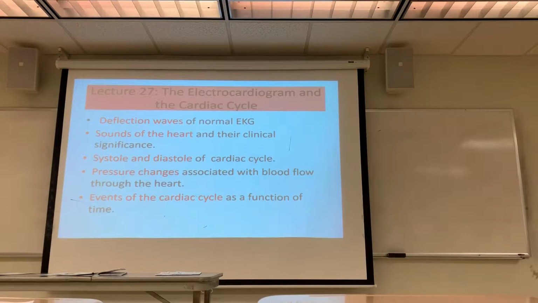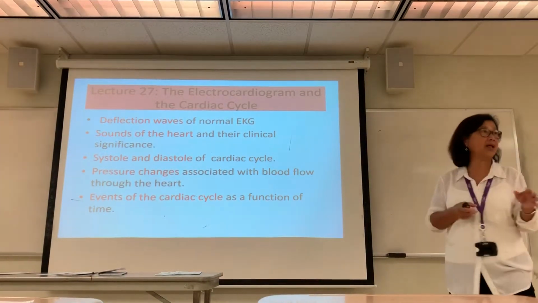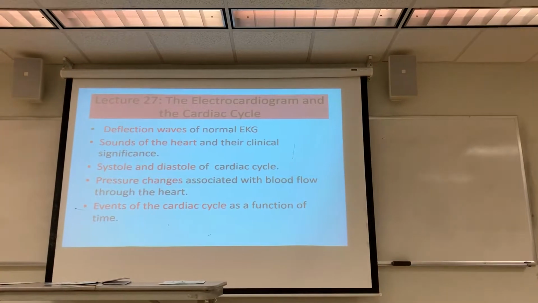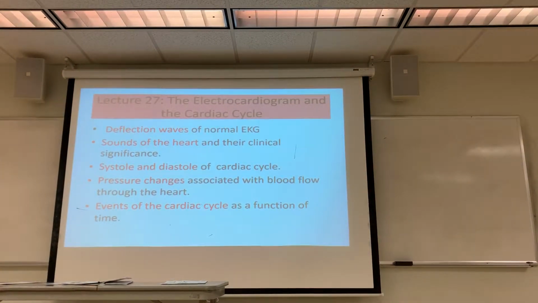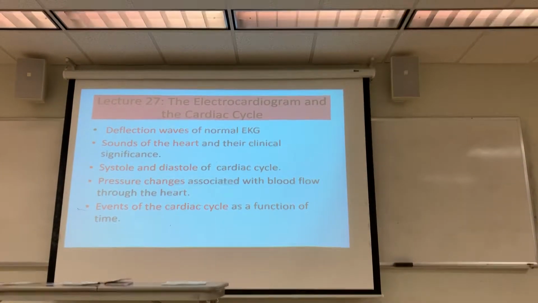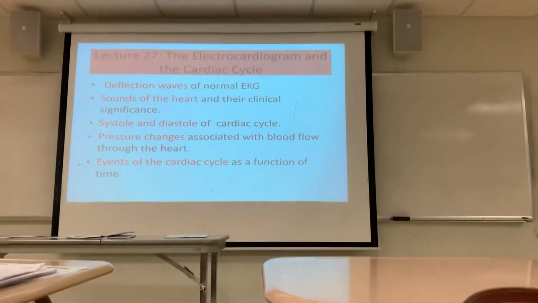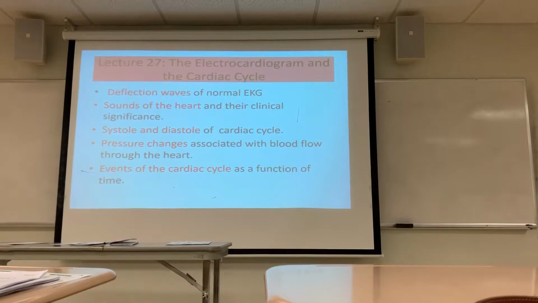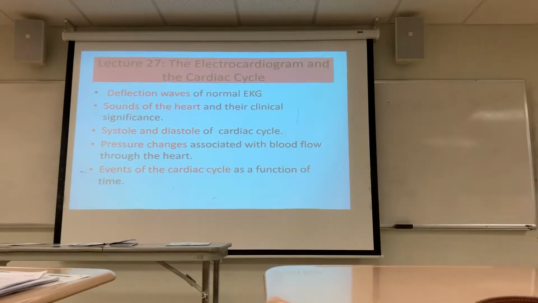Right now you already know those valves and the chambers, right? Systole and diastole are measures of blood pressure, especially on the walls of your blood vessels. Systole indicates ventricular contraction, and diastole indicates relaxation.